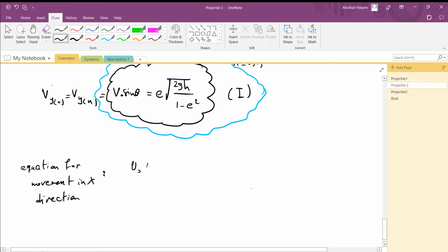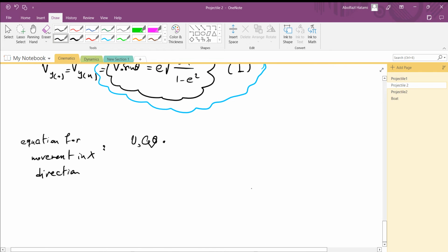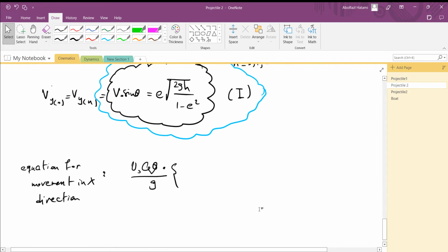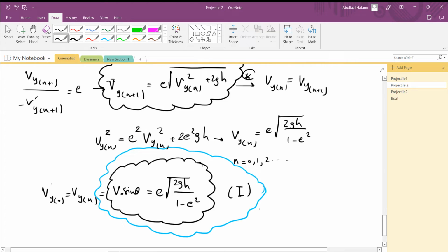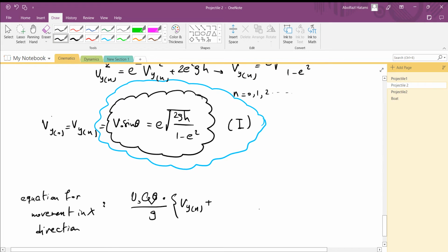So V0 cosine of theta times tn, which is 1 over g, let me do this, g over g, Vyn plus radical Vyn squared plus 2gh.